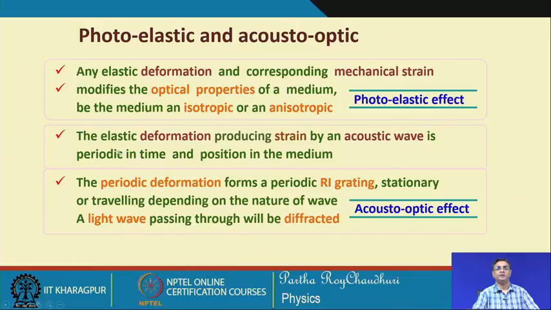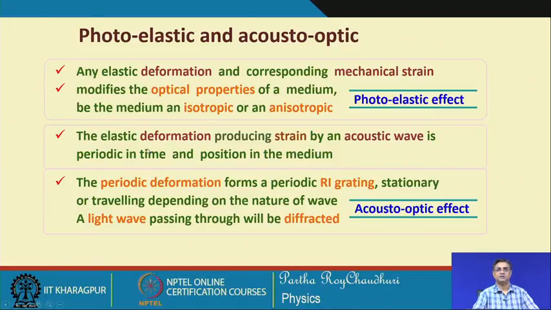Now, this elastic deformation that produces strain could happen by a travelling acoustic wave. As the wave travels through the medium, there will be a periodic compression and rarefaction in the medium. That means there will be a periodic deformation, and because of it, a periodic strain in the medium through which this acoustic wave is travelling.